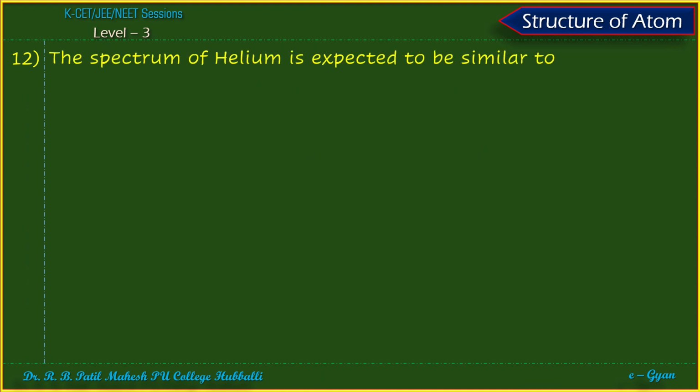Question number 12. The spectrum of helium is expected to be similar to which of the following? Hydrogen, lithium ion, sodium, helium ion. Which is the correct option? The spectrum you get is because of the number of electrons.